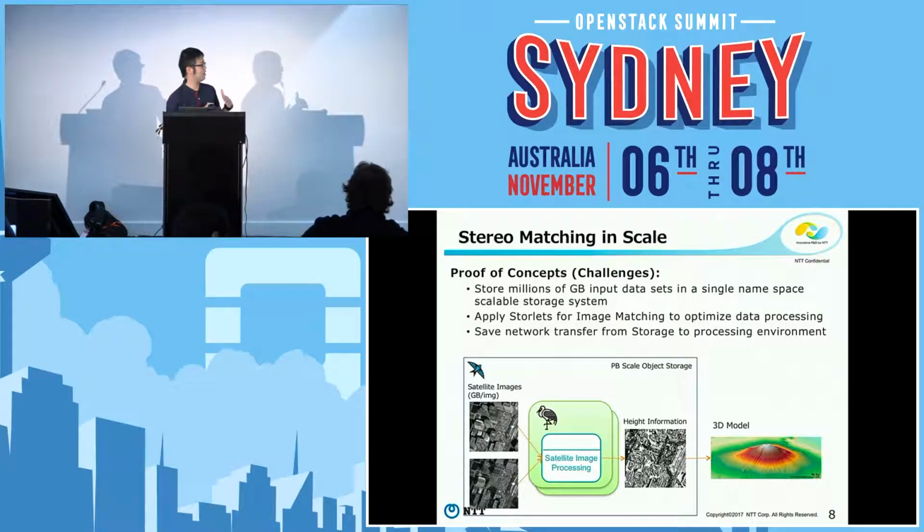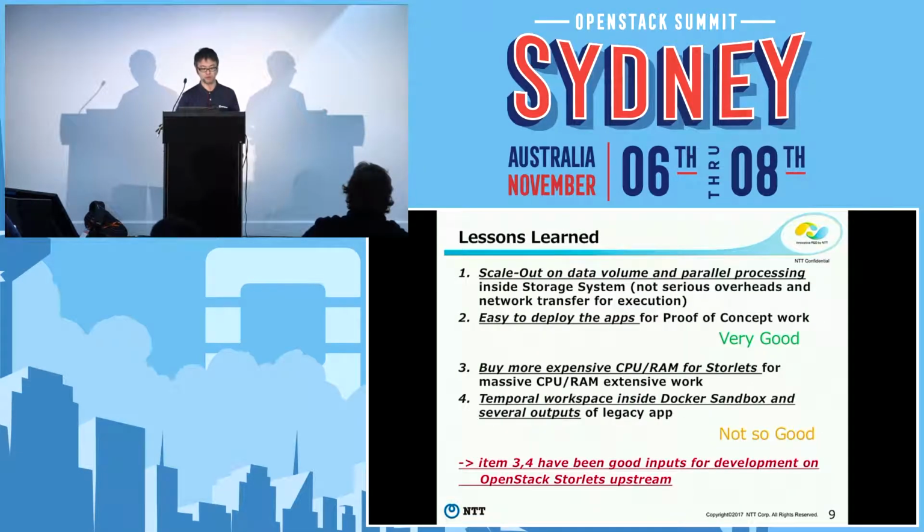We need to run a lot of satellite image processing application containers. Each raw satellite image is several gigabytes, and to cover the whole world we need to store a bunch of images in the processing environment. We estimated Swift is a good fit to store such a large number of big images, and using Storlets saves network transfer by processing the image pair inside the storage system. This is our proof of concept.